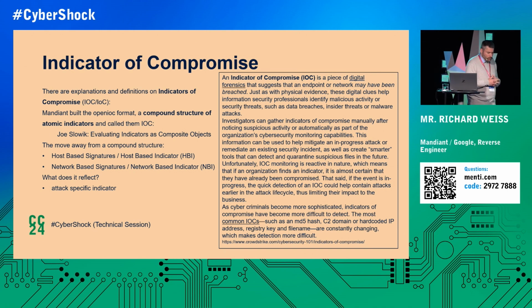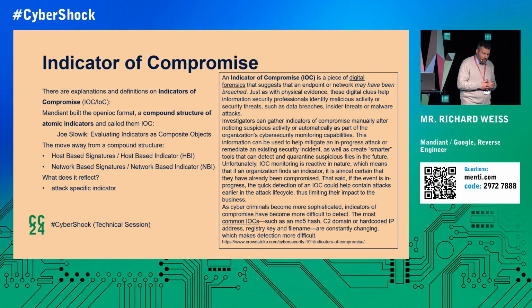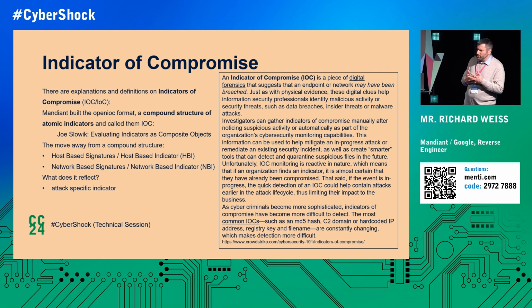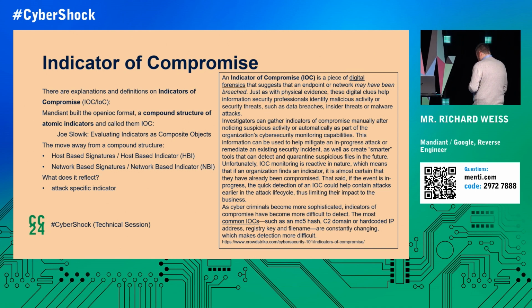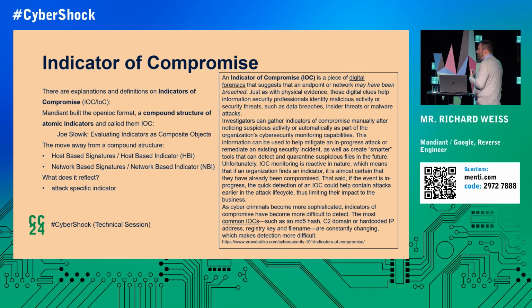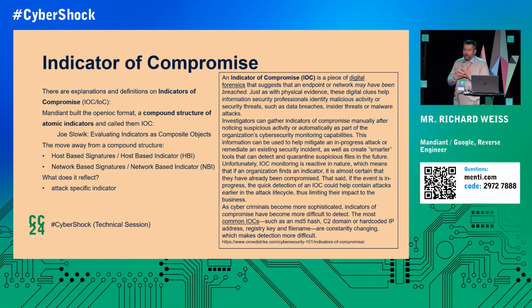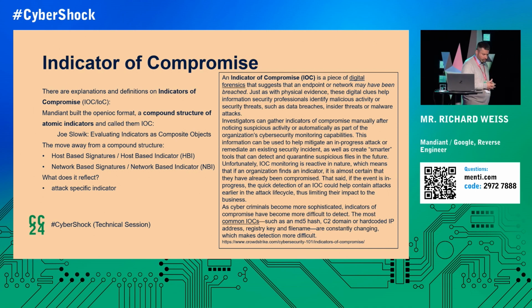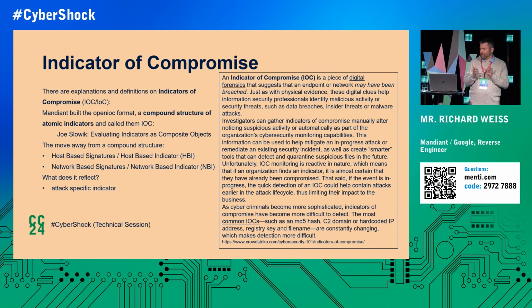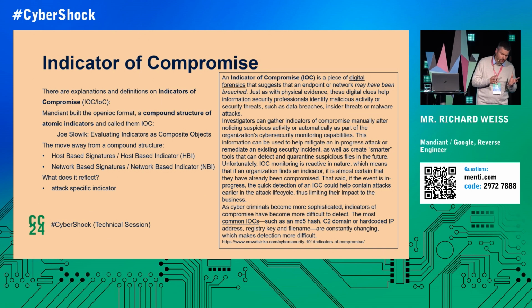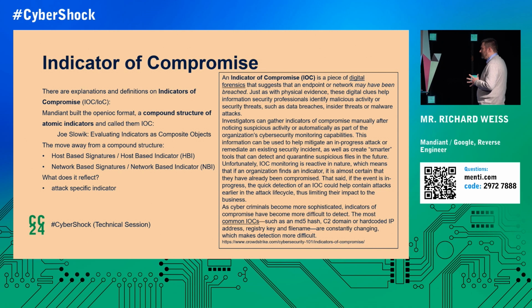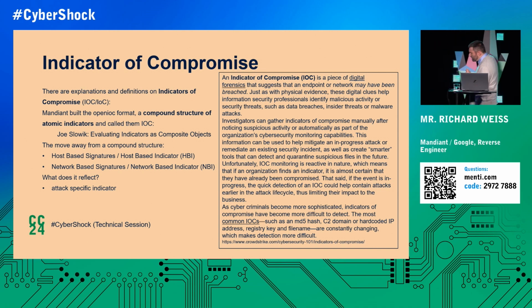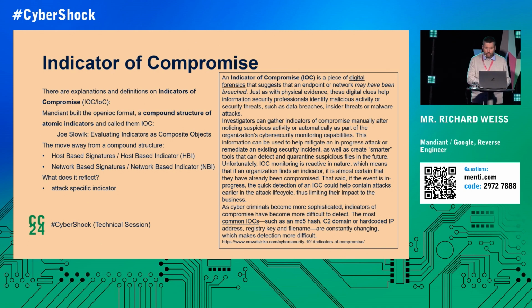Joe Slowik, for example, spoke about those composite objects and showed that those atoms, or items, or building blocks, as I name them, are not as atomic as they are thought to be. So what happened then? We went from the composite object to network-based indicators or signatures and host-based indicators and host-based signatures. And those were then used as indicators of compromise.